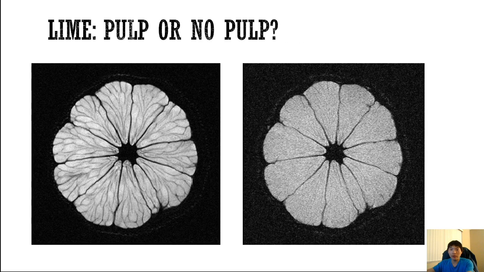And then looking at lime, you can actually control what kind of image you get with MRI. Unlike CT, where your image is more or less determined by your object, in particular the density of the object, in MRI you have more control over what kind of image you will get.